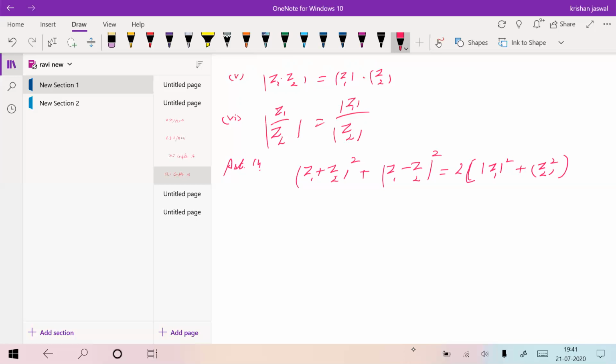This is the result of Article number 14. We take modulus of two complex numbers.